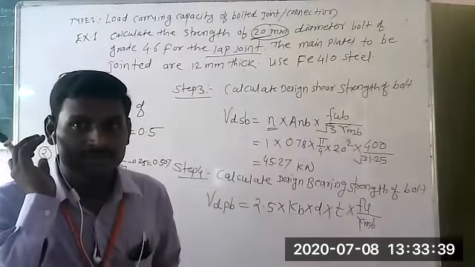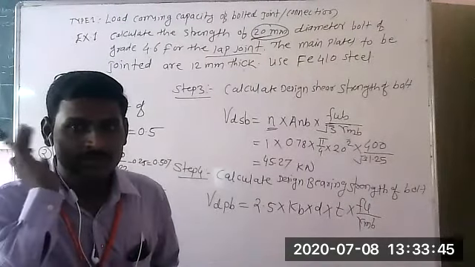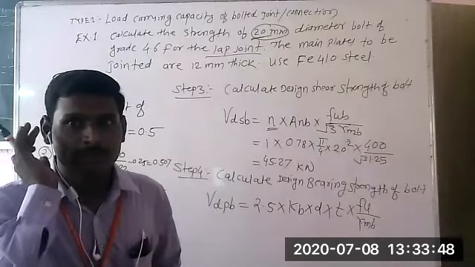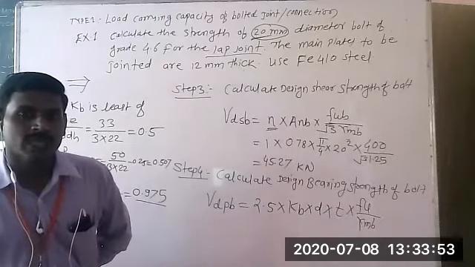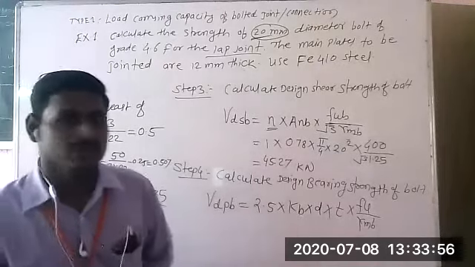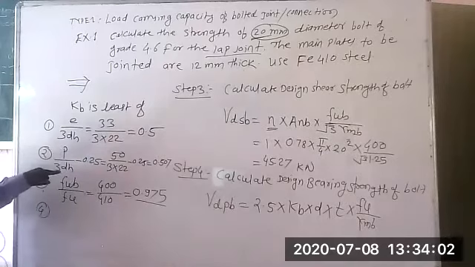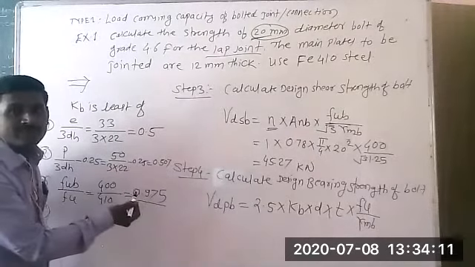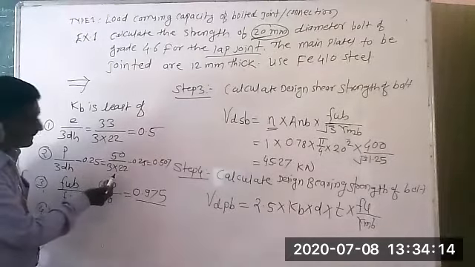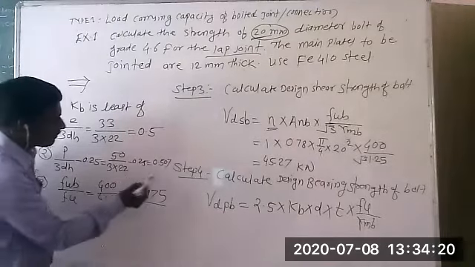Hello? You are not audible. Sir, P divided by 3DH is 0.75. Hello, P divided by 3DH, this calculation is 0.75. Please, everyone clear. 50 divided by 66 minus 0.25, how much?